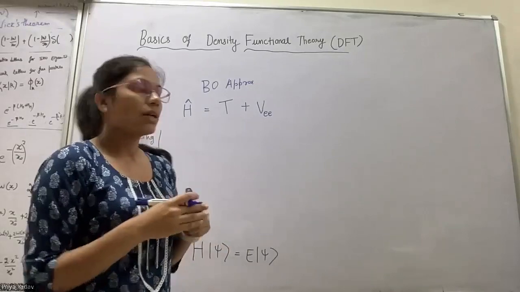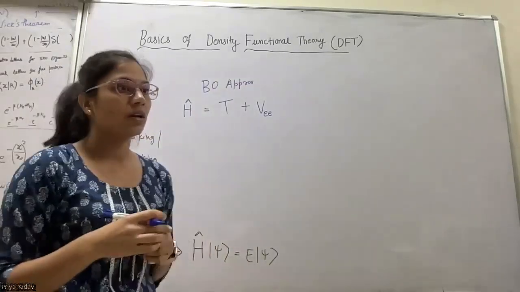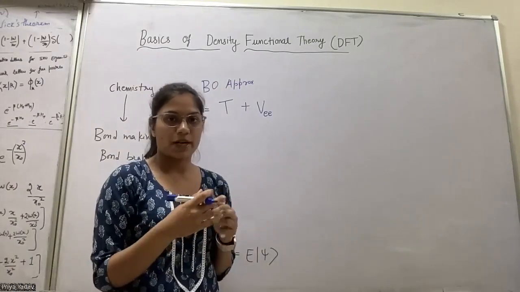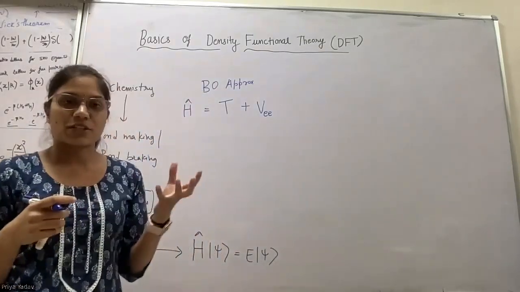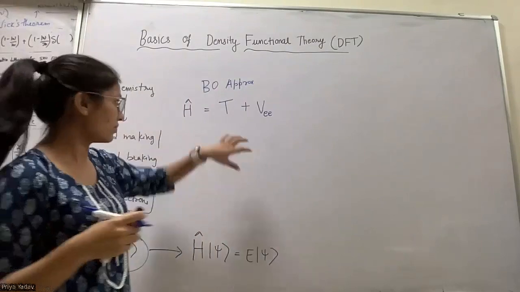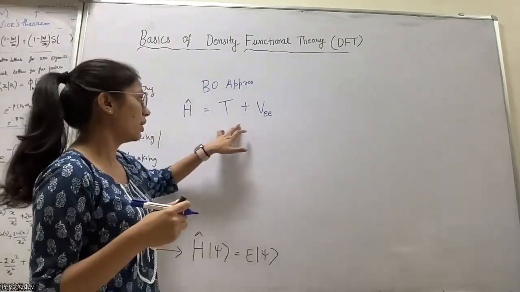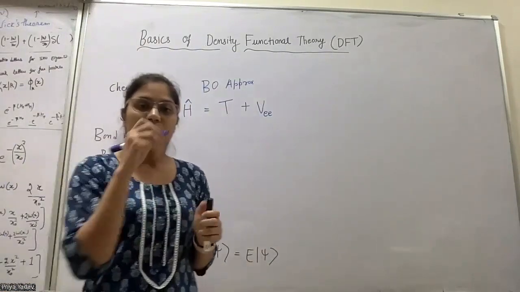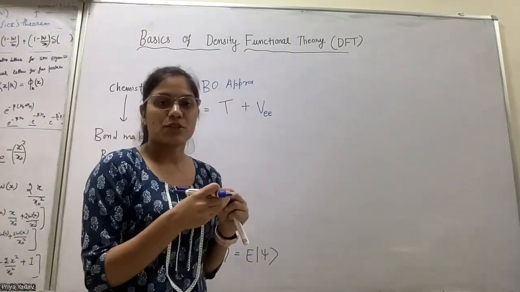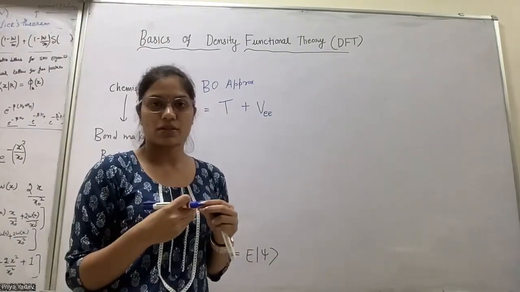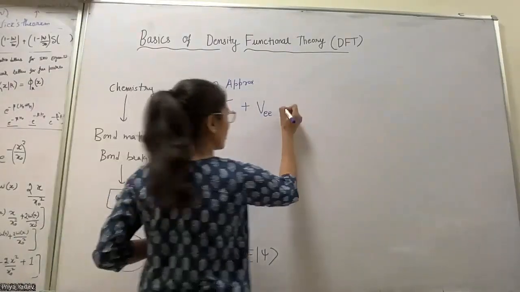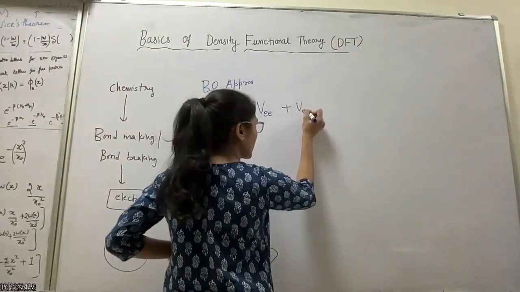In density functional theory, we call the electron nuclear interaction V external. Why do we call it V external? Because in this electronic Hamiltonian, only the electron nuclear interaction part involves the nucleus, so we call it external.